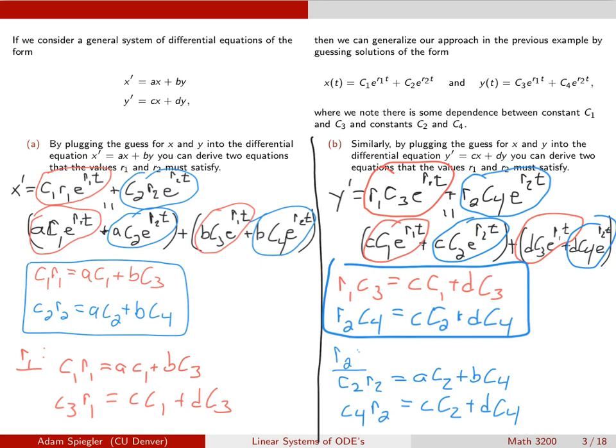So we're going to be able to apply some results from linear algebra and use them to solve systems of differential equations. So section 3.2 in the textbook goes through a pretty in-depth review of some of the concepts of linear algebra that you would need. I'm going to go through some of them in these slides. If you've had a course in linear algebra, then you might be able to skip some of these.